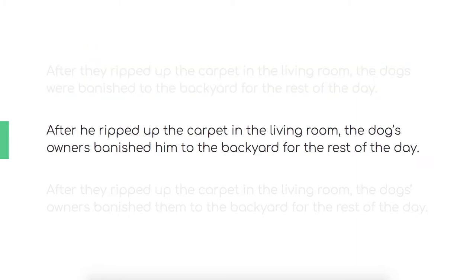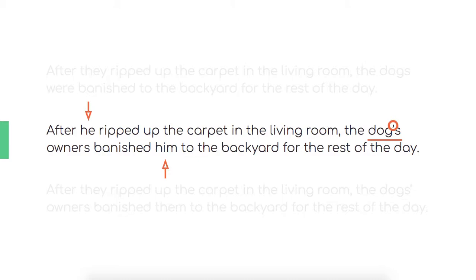Here's our next sentence. After he ripped up the carpet in the living room, the dog's owners banished him to the backyard for the rest of the day. It's really close, but you'll see here that there is an apostrophe. And we have he instead of they, which means there is only one dog. So in this sentence, there is one dog who owns or is possessive of his owners.